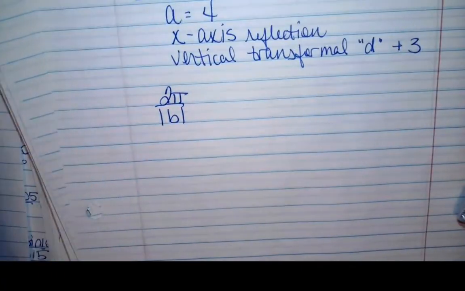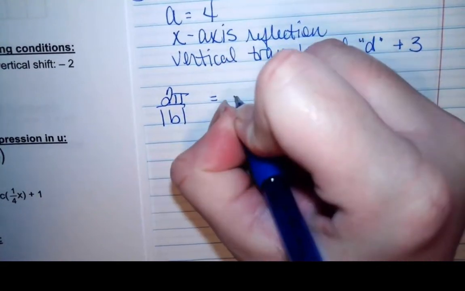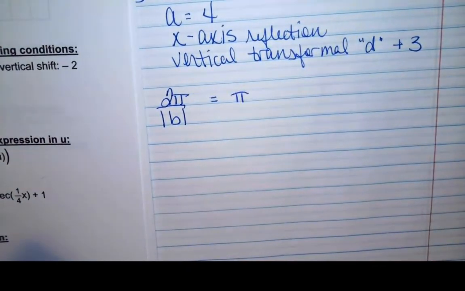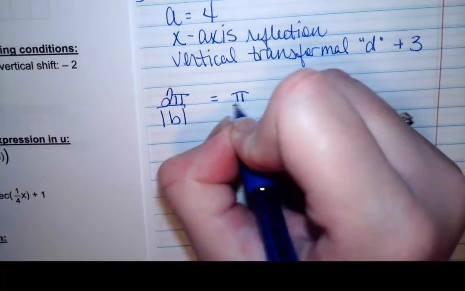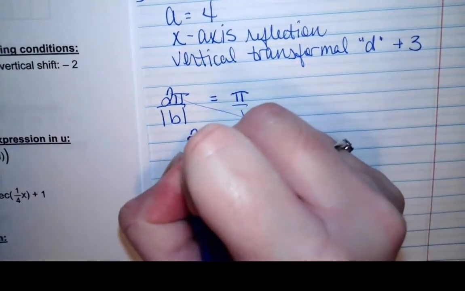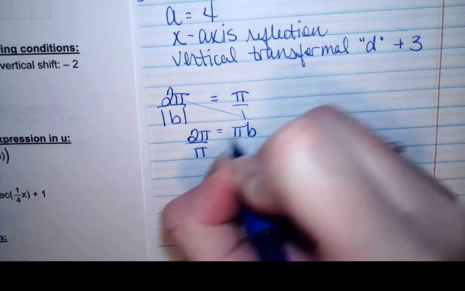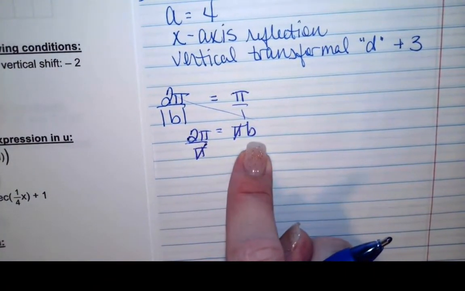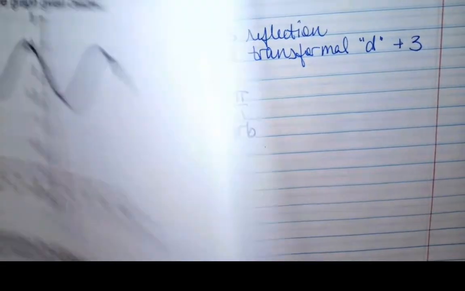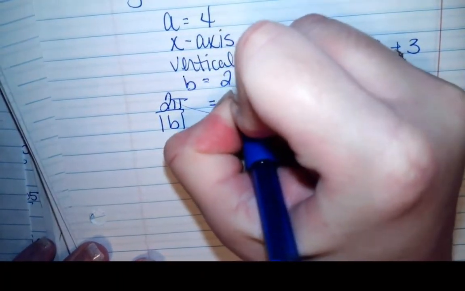So I find out that the actual period is going to be pi. Okay, so I need to find out what my coefficient is. So I'm going to cross multiply. So I have 2 pi equals pi b, divide both sides by pi, and I get that my coefficient b equals 2.